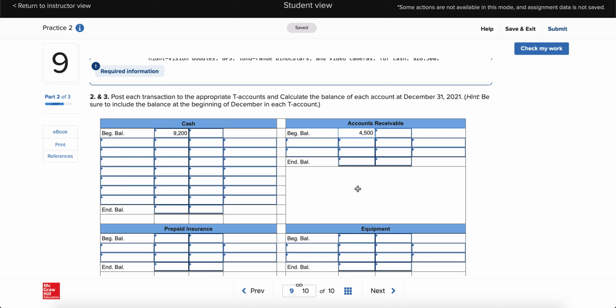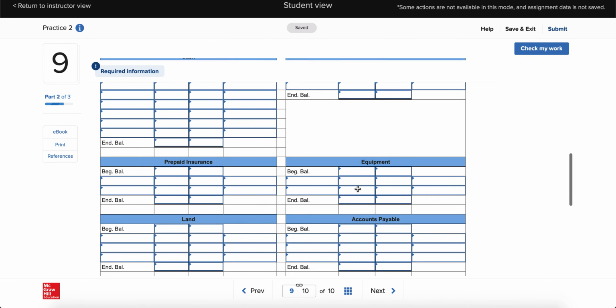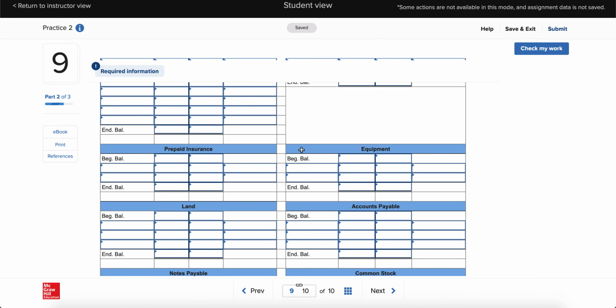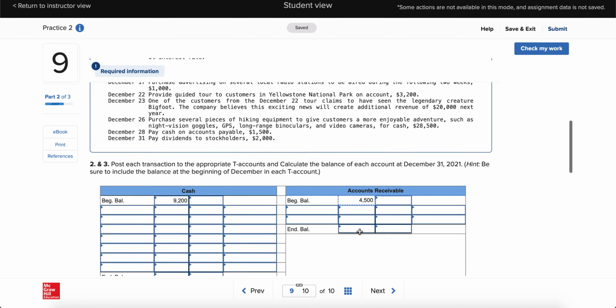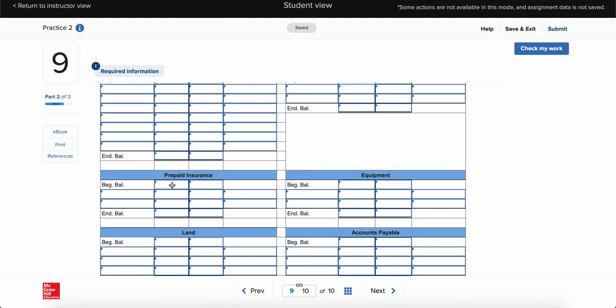Okay? Because they have debit balances there. And you can see these debits and credits as they're indicated in the trial balance, the ending trial balance from November. The prepaid insurance account, it had a beginning and ending balance from November, beginning for December of $400.